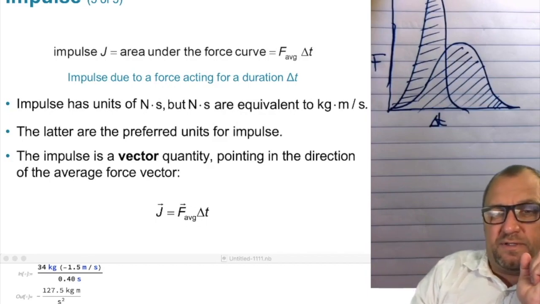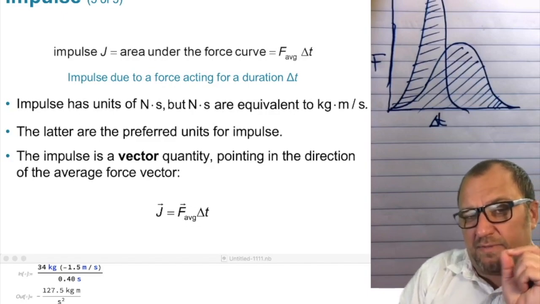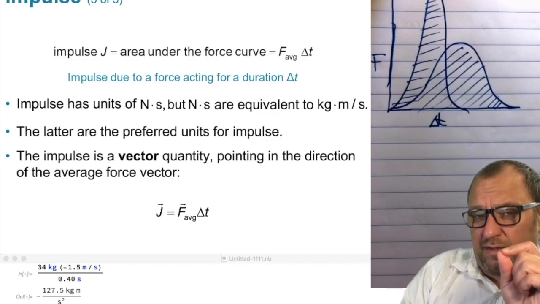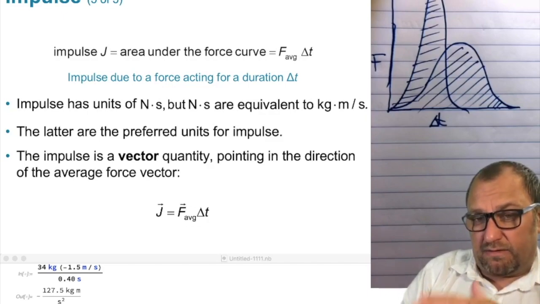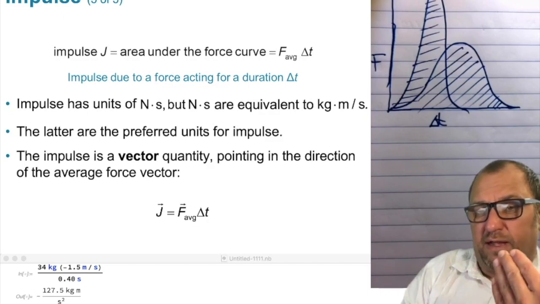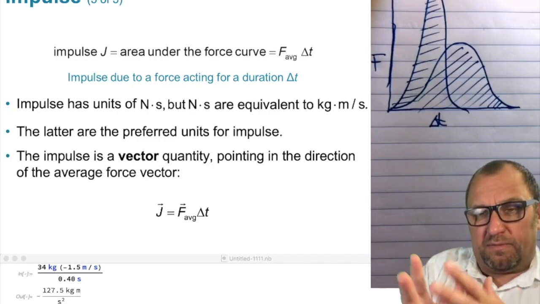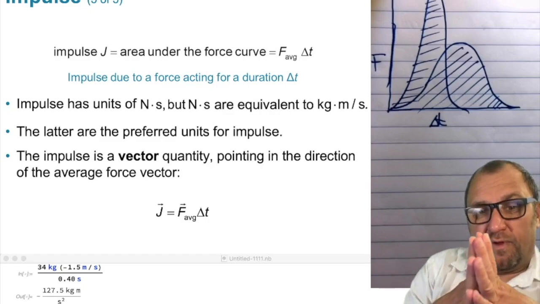So impulse has units of newton-seconds, but that's equivalent to kilograms times meters per second. And kilogram meters per second are the units of momentum, which is mass times velocity.